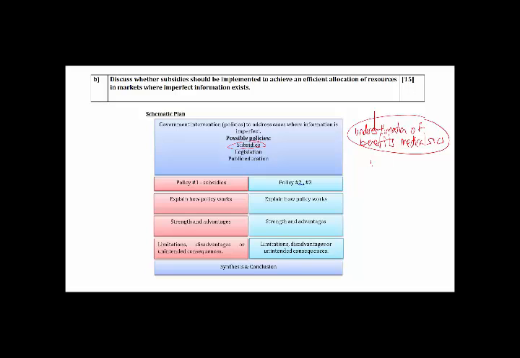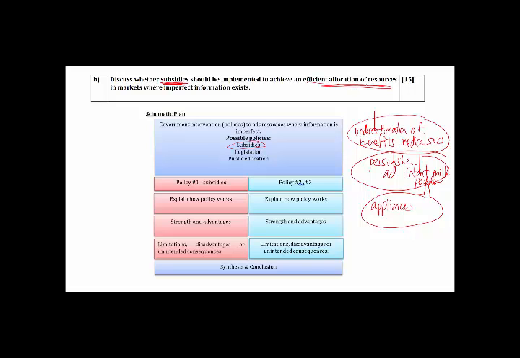You also saw how there was persuasive advertising from your infant milk powder. That's two. And also your appliances. That's three. So in these three cases, would a subsidy here be able to achieve efficient allocation of resources?